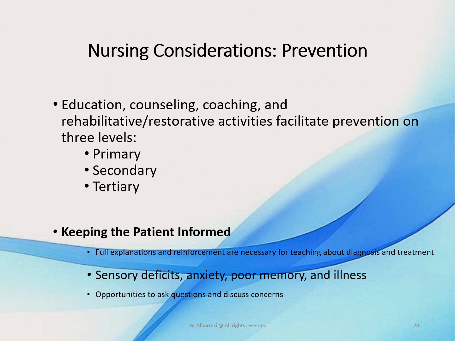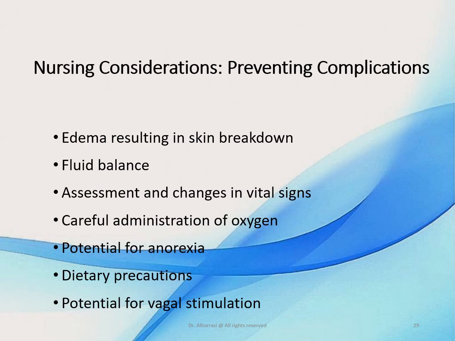Also, we need to keep our patient informed, so we need to explain and reinforce the necessary teaching points, for example, how to use antihypertensive medication. We also need to prevent complications, which is the secondary line of prevention.